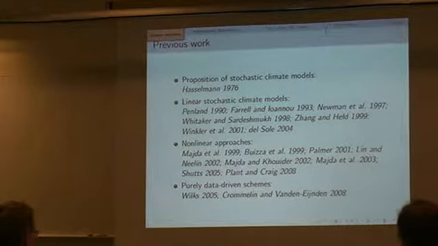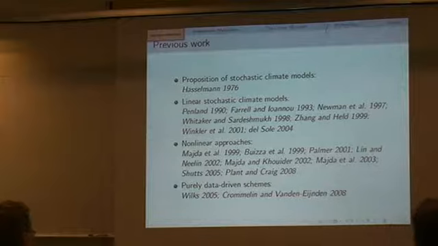Then there is a special class of closure schemes, and these are the empirical or purely data-driven schemes. So this Majda scheme is semi-empirical. It uses information on the autocorrelation of the unresolved scales, but not really the full data set. Other schemes are more physically motivated.